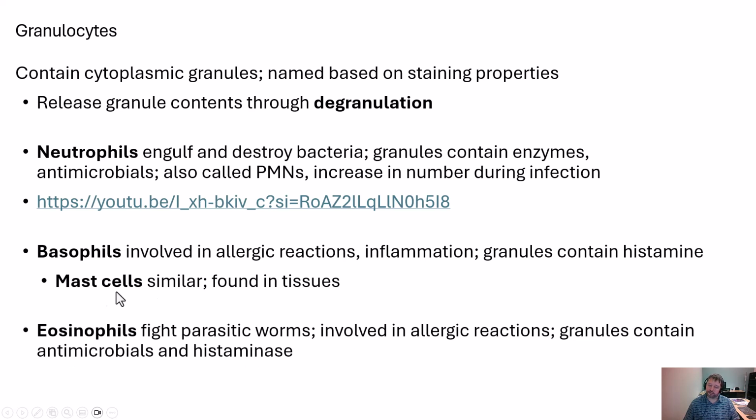Eosinophils are often associated with parasitic worms and even protozoans, and so they're often attacking things that are larger. So maybe they are not phagocytizing. Sometimes they do, but not as often, and they're the ones that are going to be degranulating onto the organism.